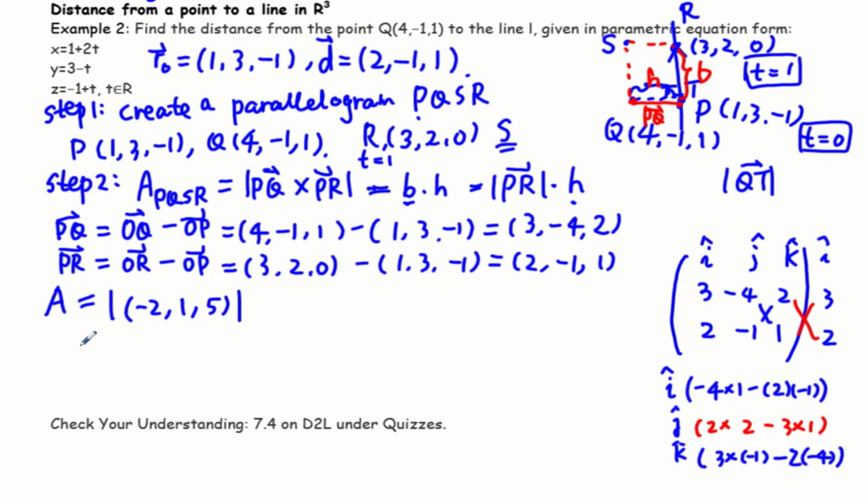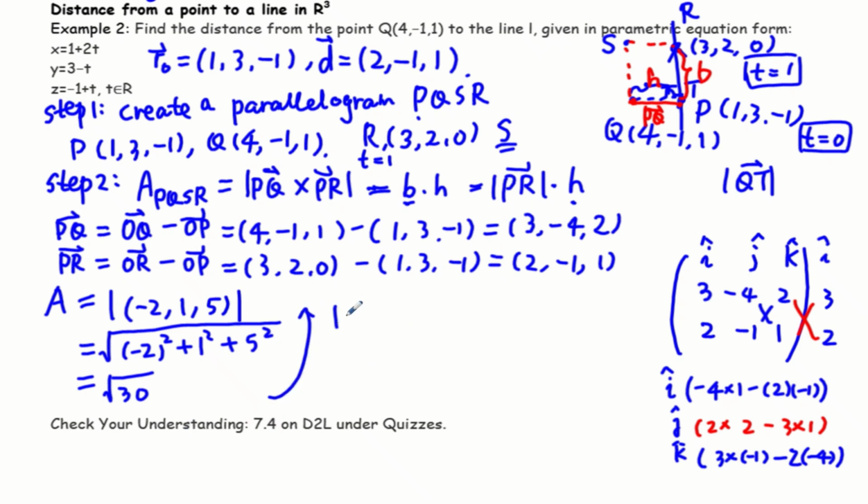The magnitude of that vector is the square root of a squared plus b squared plus c squared. Then we have square root 30. And we want to find the magnitude of PR. So PR is this one. The magnitude is just the square root of a squared plus b squared plus c squared. We have square root 6.